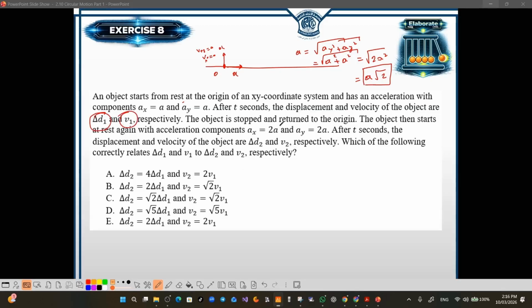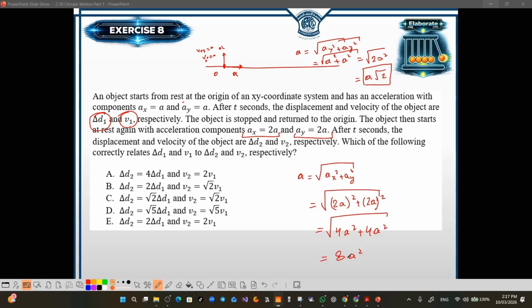Now the object is stopped and returned to the origin again. The object then starts from rest again, but now we have a different acceleration. Let me find out what happened to the acceleration. Particularly, I'm talking about the magnitude of the acceleration. ax squared plus ay squared, where ax is 2a and ay is 2a, so we will have 4a squared plus 4a squared, which means 8a squared.